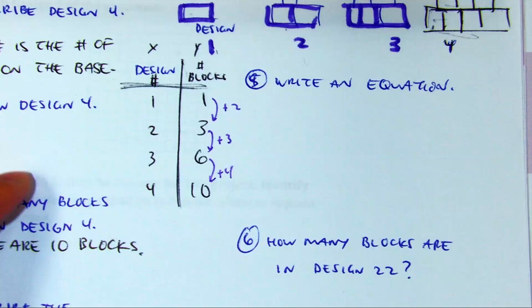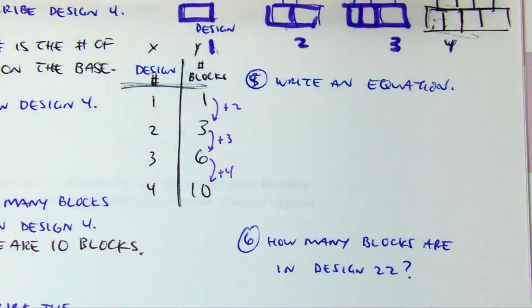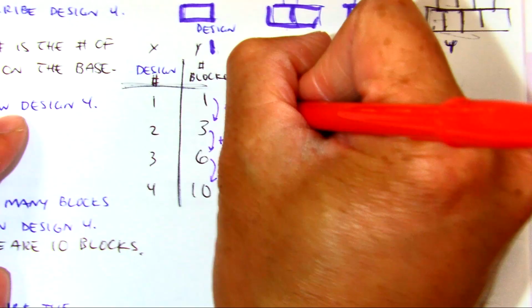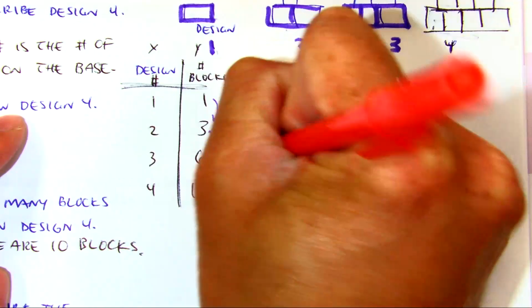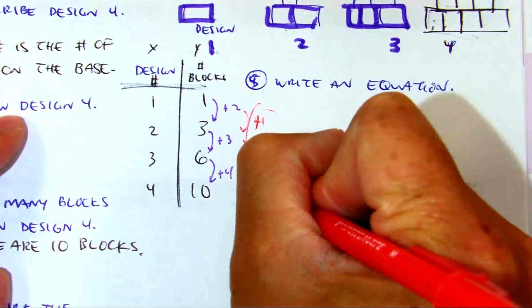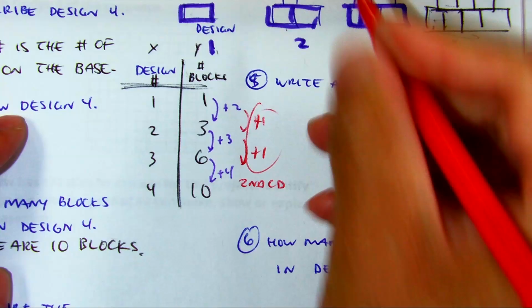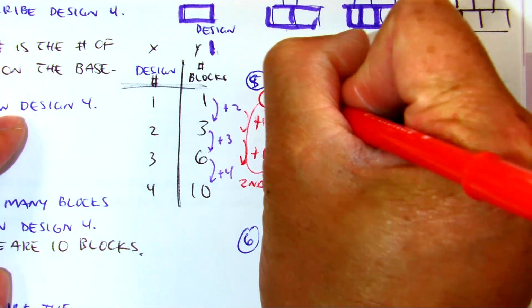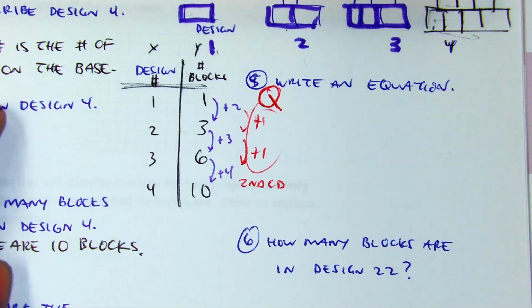Class, is that linear? No. Let's try the second one. Plus 1, plus 1. You have a second common difference. So my answer is quadratic. Raise your hand if you got quadratic. Okay.